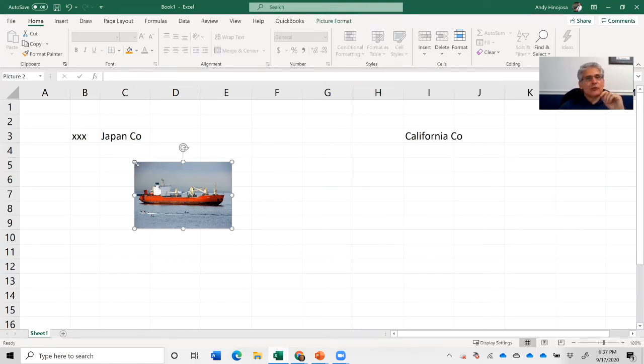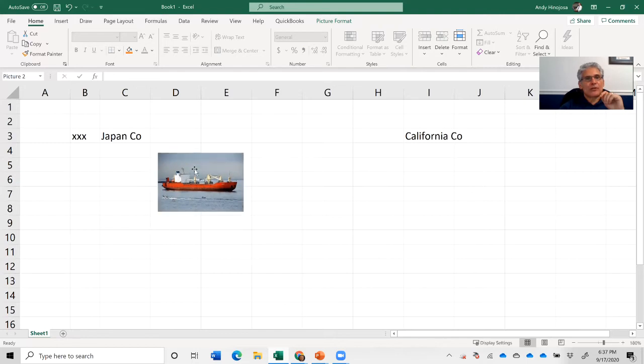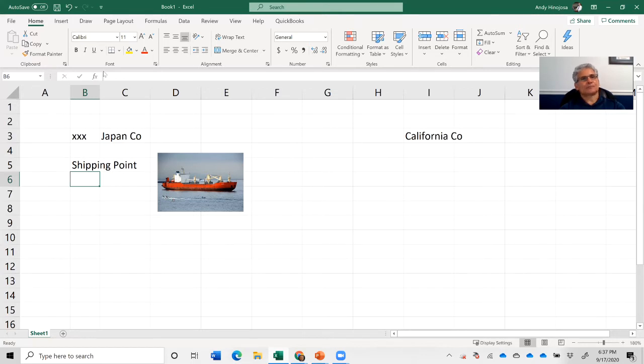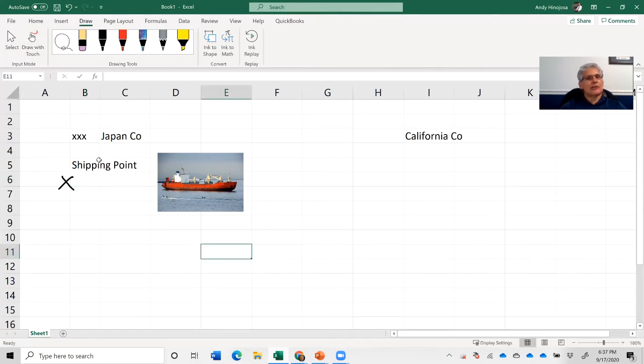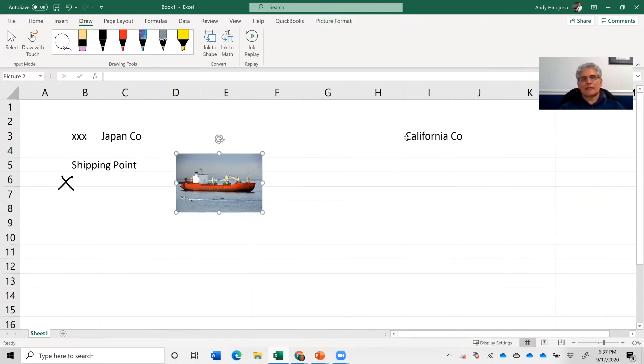If the terms associated with buying the goods, the shipping terms, are FOB shipping point, then the exchange takes place here. In that example, if it's shipping point, then the ownership transfers here. Now, if something happens to the ship on the way over to California, I guess I have to be clear: I'm the California company buying goods from Japan.